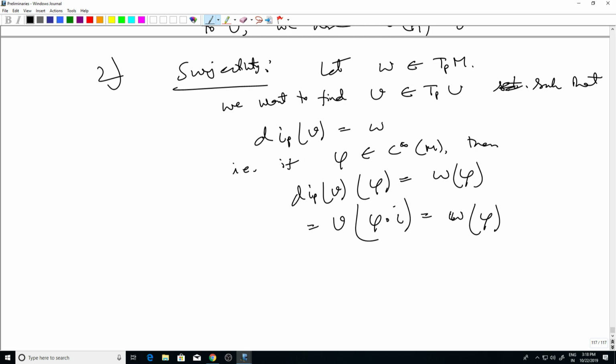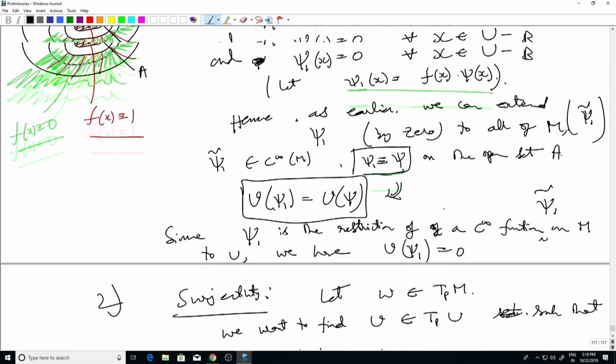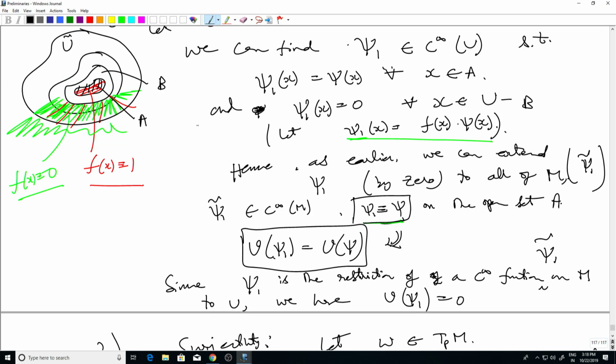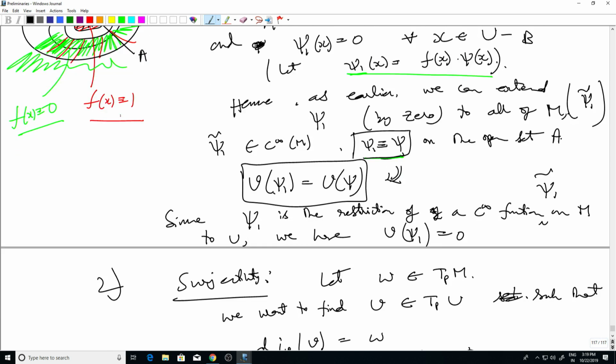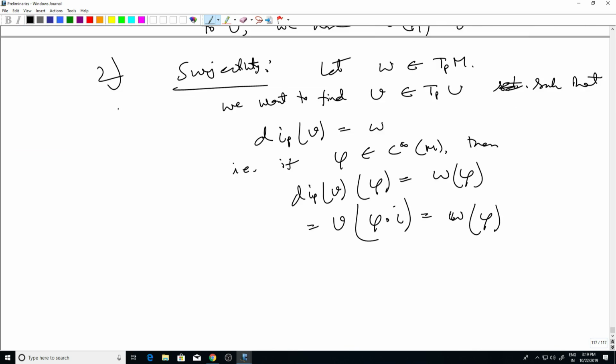So we again do the same old trick. Let's work with this A, B and this cutoff function F, which is identically 1 in a neighborhood of P and 0 outside this B. Let U tilde, A, B, F be as before.